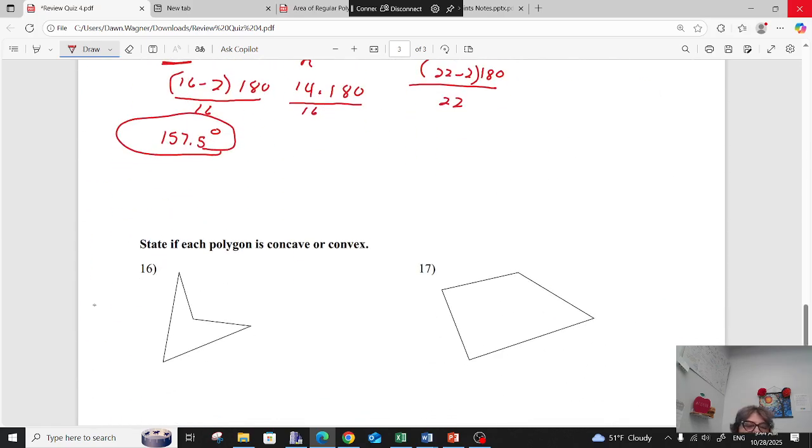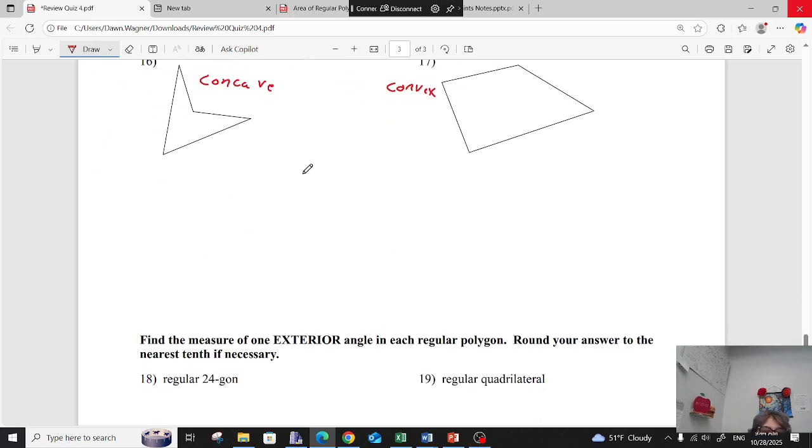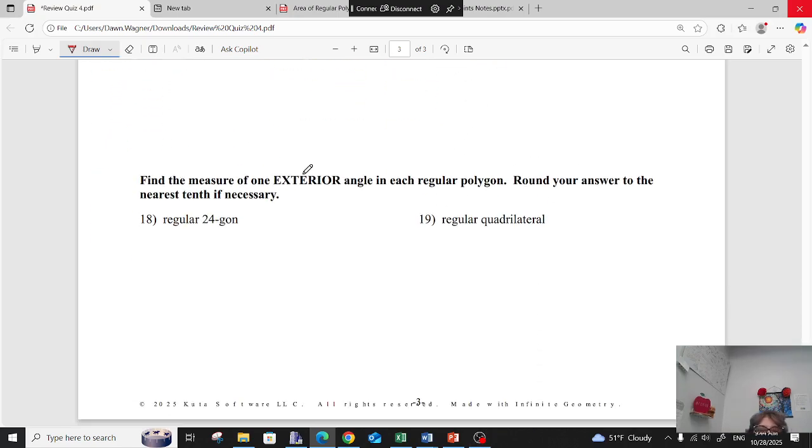Now this one's only 1 point apiece because you're only telling me a name. Concave, do you see that word cave? Means it has a dent. They're not all pointed out. So this one is concave. What's this one? Convex. And then these are going to be 2 points each.